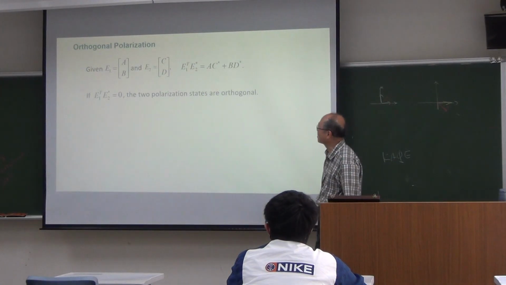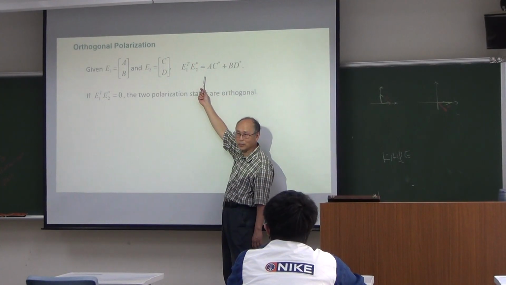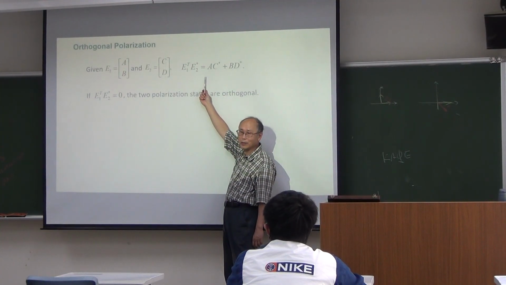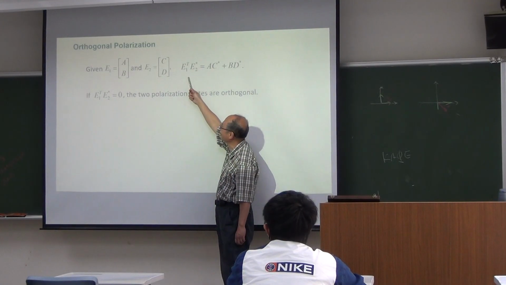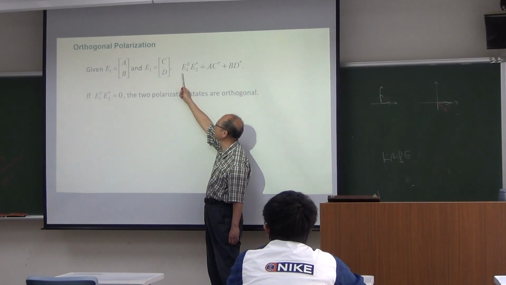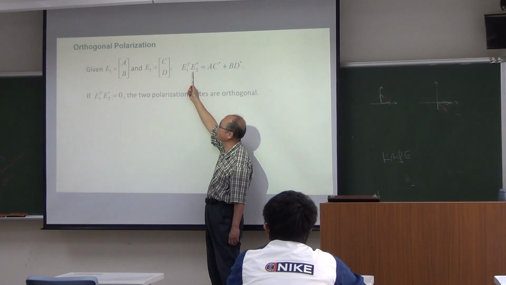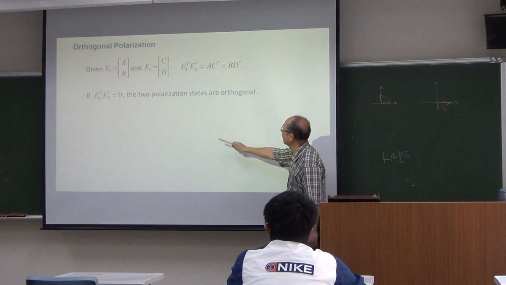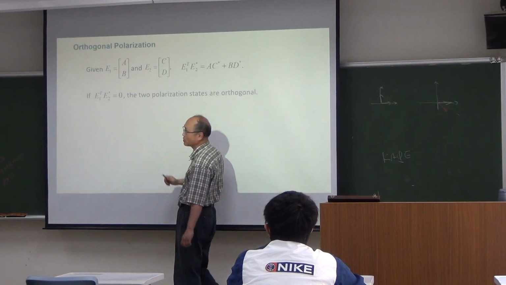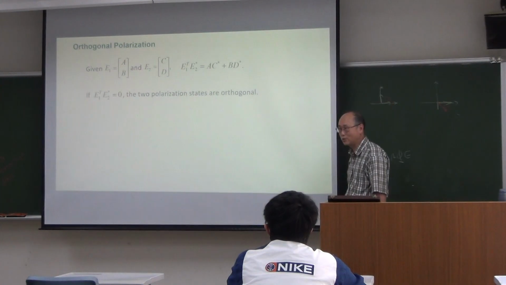Just do this intensity calculation. If you get no intensity when you do this vector calculation, this is the transpose of E1, and this is the complex conjugate of E2. If you get nothing, this means that the two polarization states are orthogonal to each other.